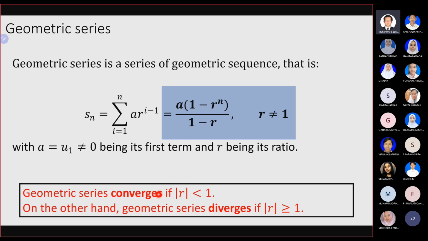Tapi kalau nilai mutlak r-nya lebih dari 1, maka dia akan menuju tak hingga. Maka kita akan mendapatkan tak hingga per tak hingga, dan kita akan jadi kesulitan untuk menghitung deretnya.